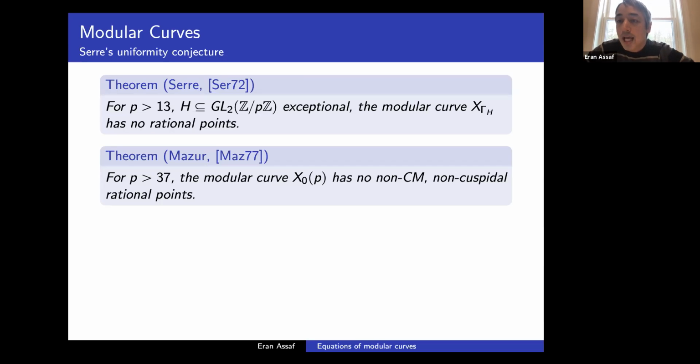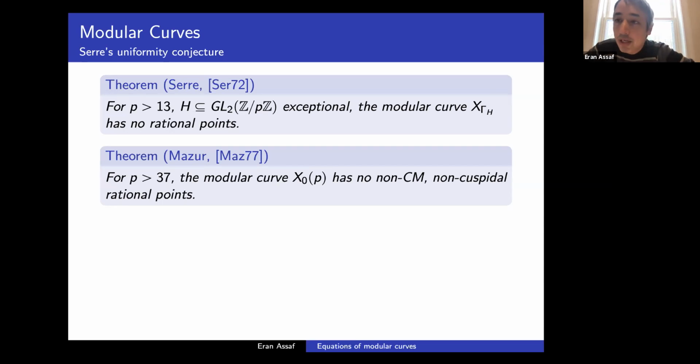And non-CM was already in the previous time we talked about Serre's uniformity conjecture. When the elliptic curve has complex multiplication, the image of the Galois representation is small, so we don't want to look at these points. So saying that the modular curve has no non-CM, non-cuspidal rational points means that there are no elliptic curves defined over the rationals with no complex multiplication such that the image of the Galois representation is contained in the Borel subgroup.